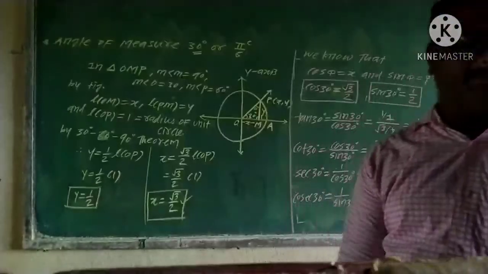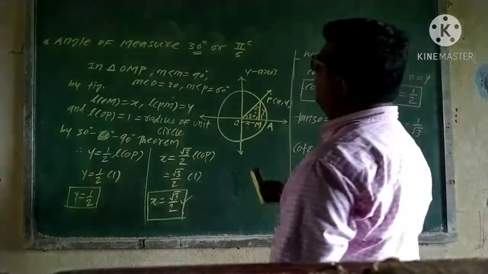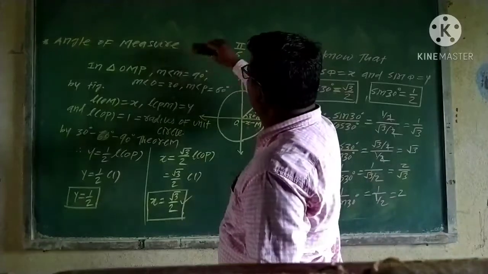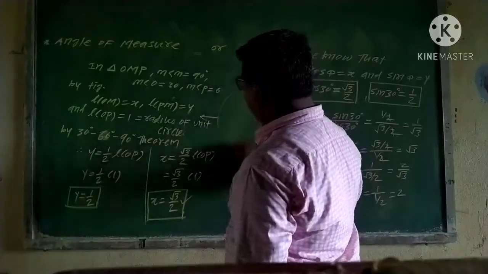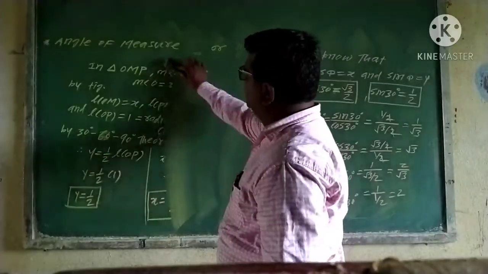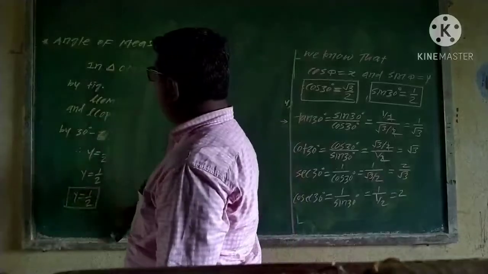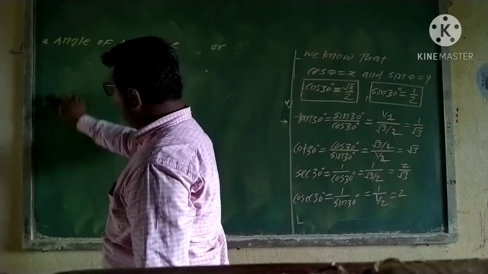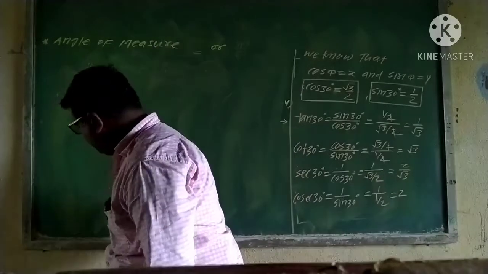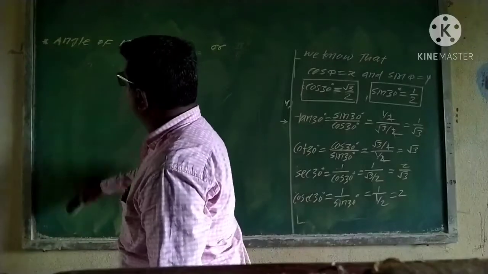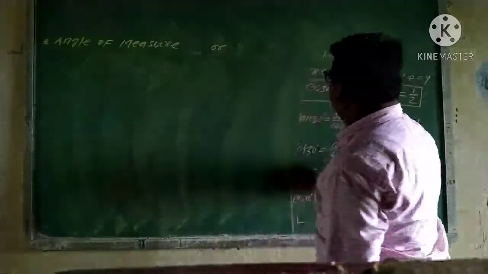Now here, next, angle of measure 60 degree or pi upon 3 radian.